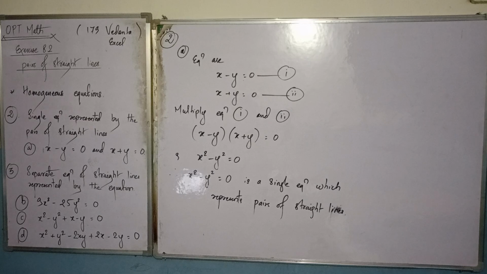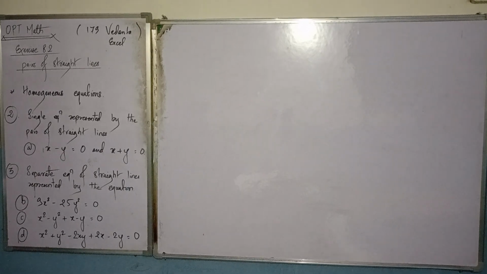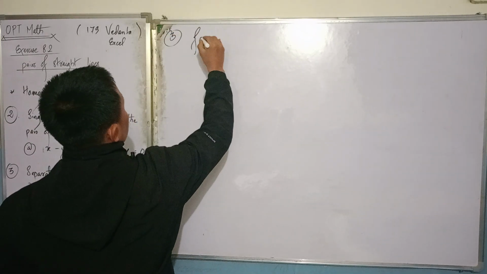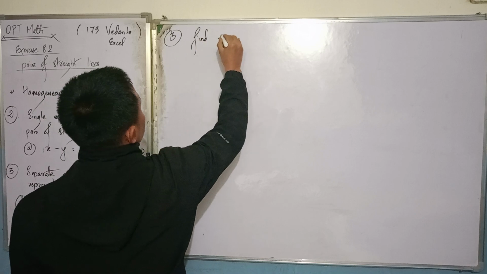This 2a I have done, and the rest you do by yourself. I'll be doing 3b, c, d. Now we have to find separate equations. Number 3, find separate equations.